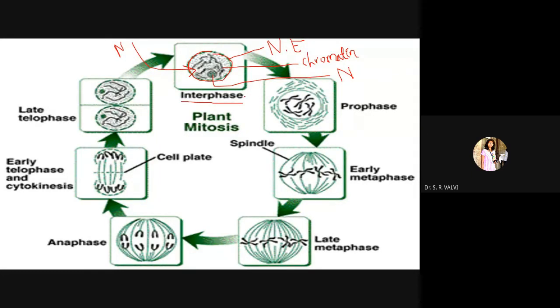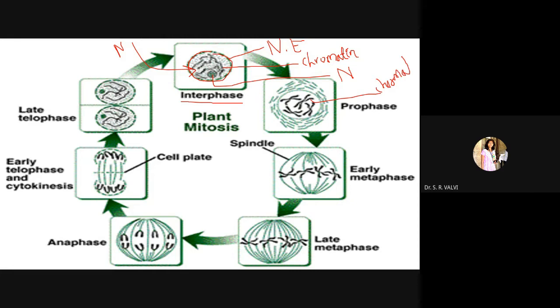Now when the same cell comes to the next phase, that is prophase, right? So during this prophase, chromatin is going to convert into a thick structure to form chromosomes, and each chromosome has a central part, and these are the chromatids of a single chromosome. This is a chromatid.